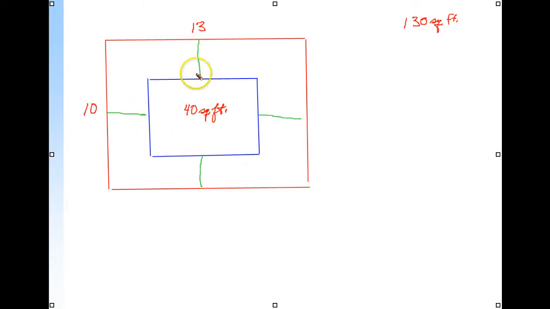Well, here's something we don't know. So what will this amount be? And we're going to say that's going to be S for side. So there's one there. We don't know that. This is the same. This is the same. And this is the same.